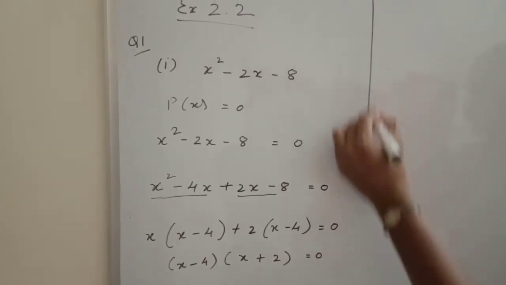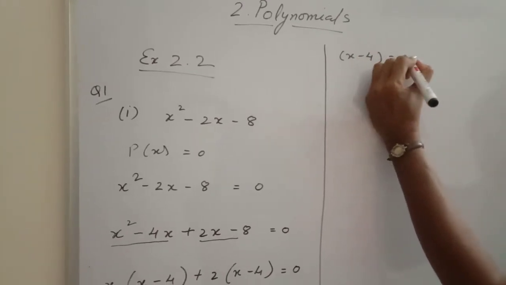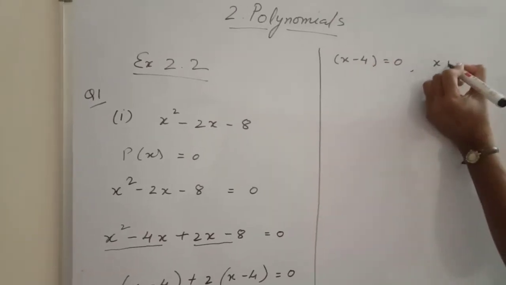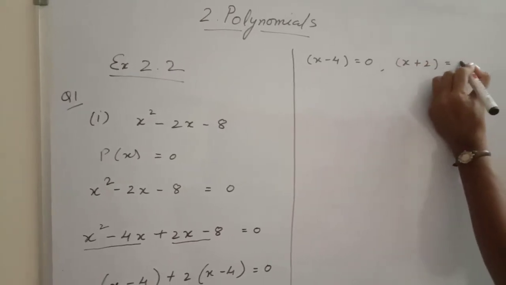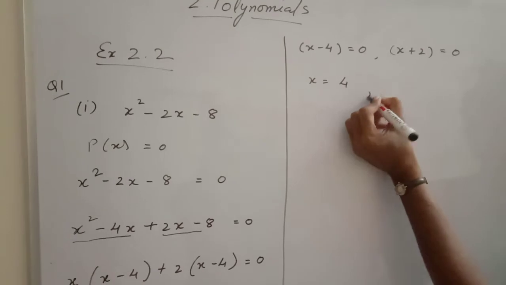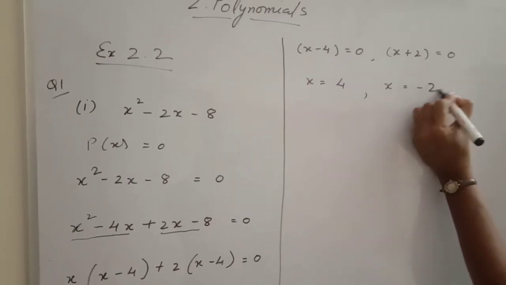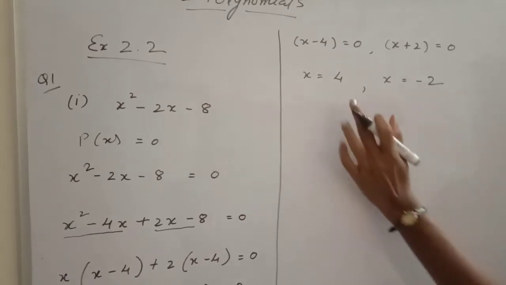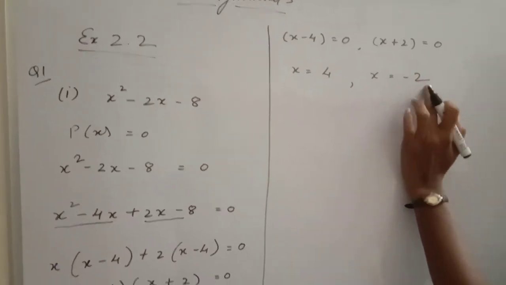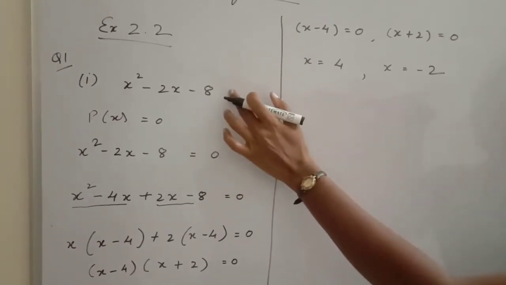Now here I am getting x - 4 = 0 or x + 2 = 0. So from this I get x = 4, and from this I get x = -2. So 4 and -2 are the zeros of my given polynomial.